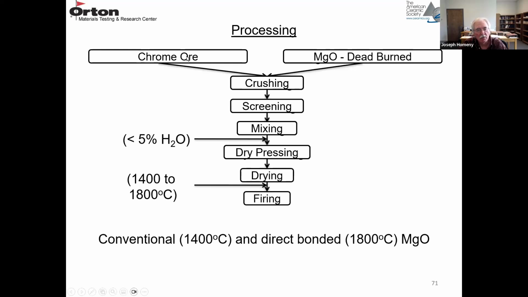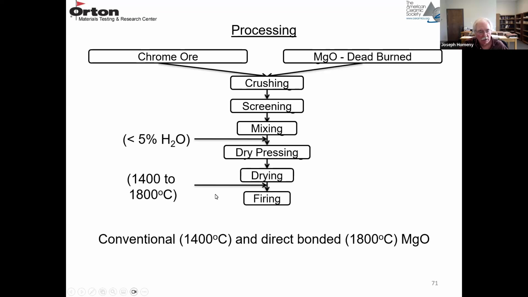So we start out with chrome ore and we add MgO. We enrich it with MgO. This is the dead burned MgO, which we talked about. And then the usual processing of crushing these materials, screening them, and mixing them in the right particle size distributions. Dry pressing, again, is a small water content. It may be an organic binder added.